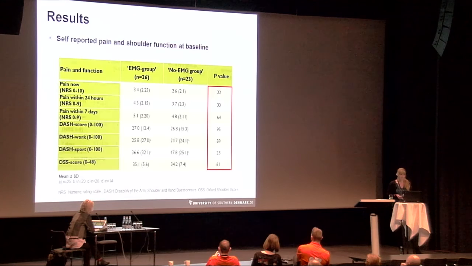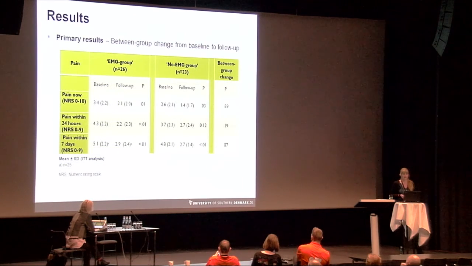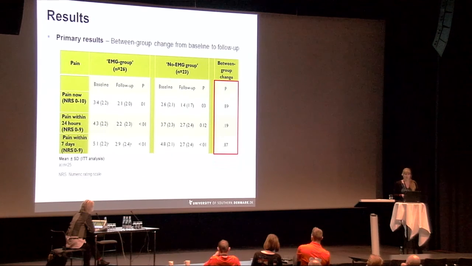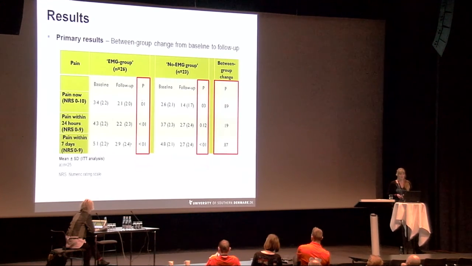And regarding our primary outcome measures, with an overall high compliance for both groups, no significant differences in between-group change were found. However, the analysis revealed a within-group change, seen as a decrease in pain levels from baseline to follow-up in the majority of pain scores.